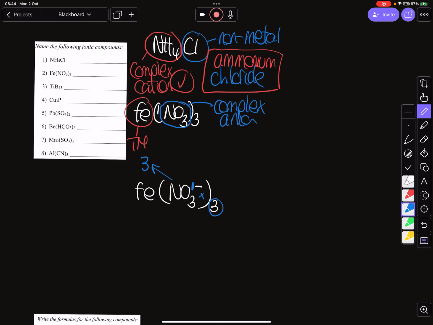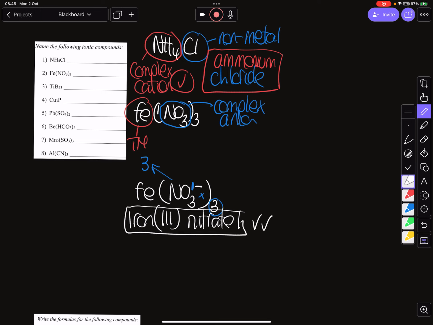Okay, so when I put the names together, the Fe is iron, Roman numeral 3, and the anion is a nitrate. So iron 3 nitrate, and in my mark schemes you'll see a tick and a tick for this, one for the Roman numeral and one for the name.